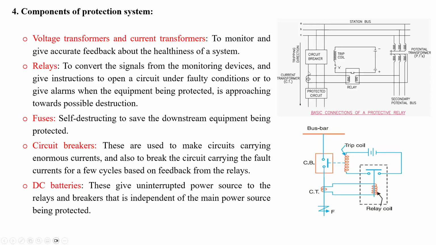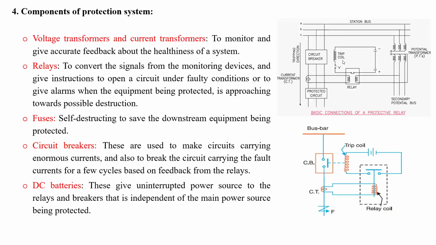Okay. And the next one is the DC batteries, because the system should have continuity in operation all the time, so we should give a non-break supply to the trip coils as well as for monitoring of these trip circuits.